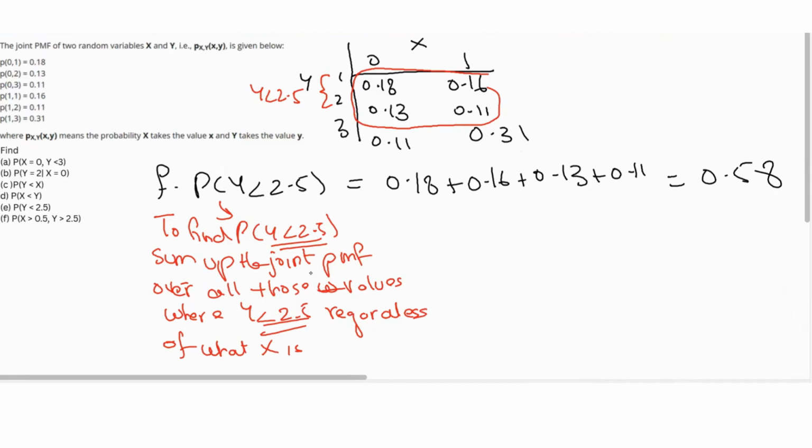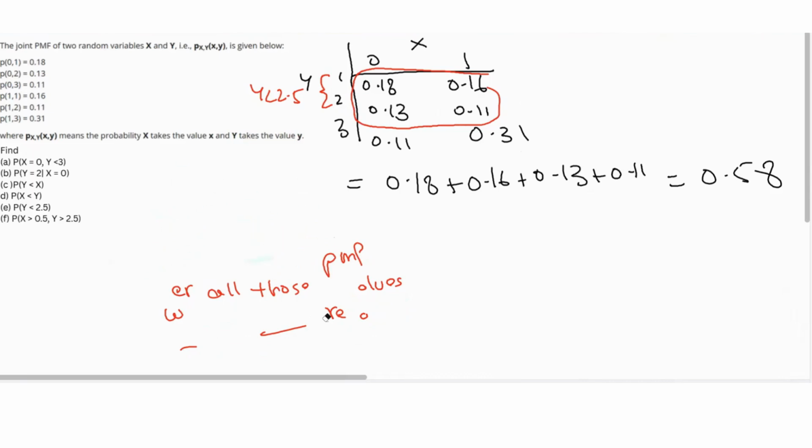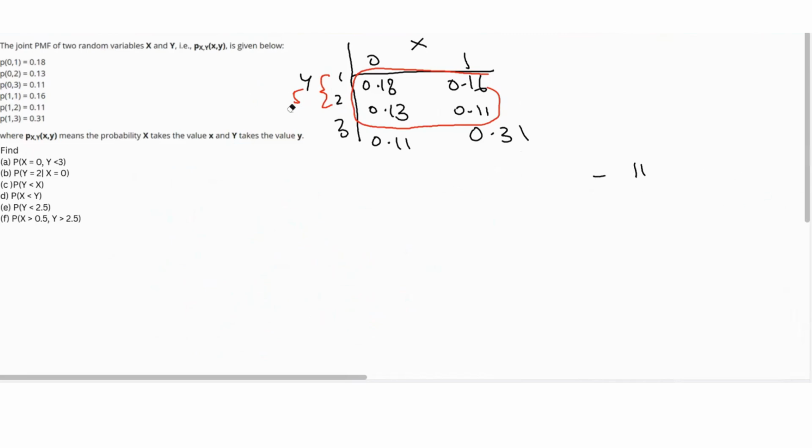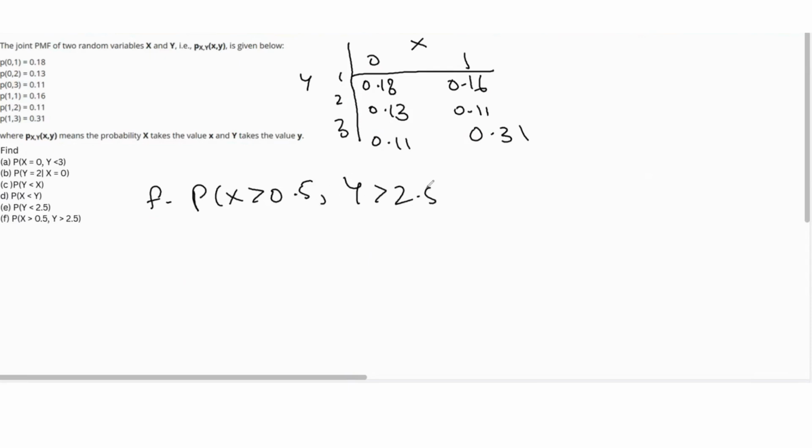So if you look at the last part now, the last part is part F, the probability x is greater than 0.5, and the comma means the intersection, y is greater than 2.5. Again, we'll do it similarly.